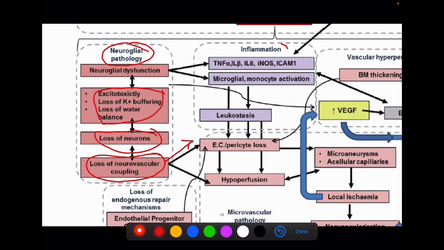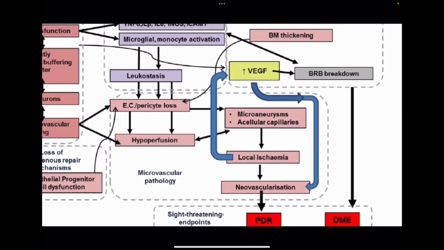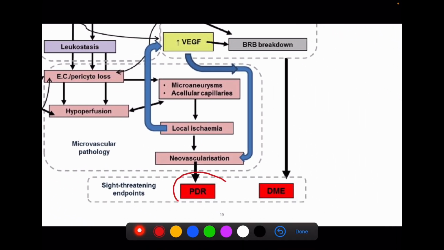Then there is another component of inflammation as well, and there are a number of inflammatory cells which lead to leukostasis, and these also ultimately lead to endothelial loss and pericyte loss, and then microvascular dysfunction. And all of these steps ultimately lead to proliferative diabetic retinopathy and diabetic macular edema.